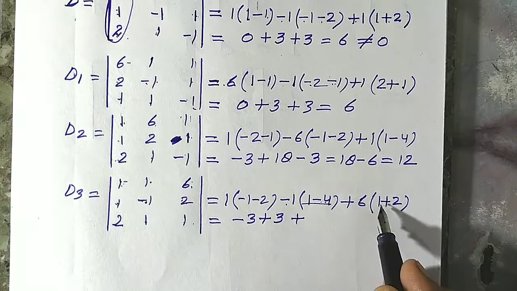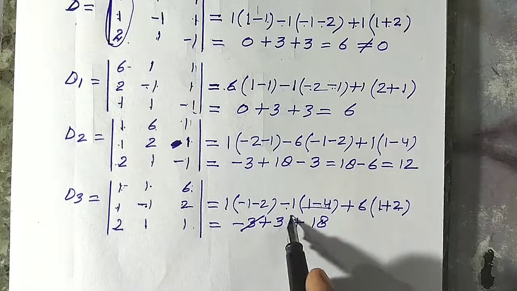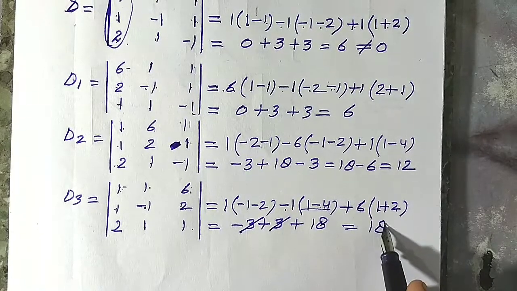So plus, now it becomes 1 plus 2, 3, 3, 6 are 18. Positive 3, negative 3 cancel, and we have 18.